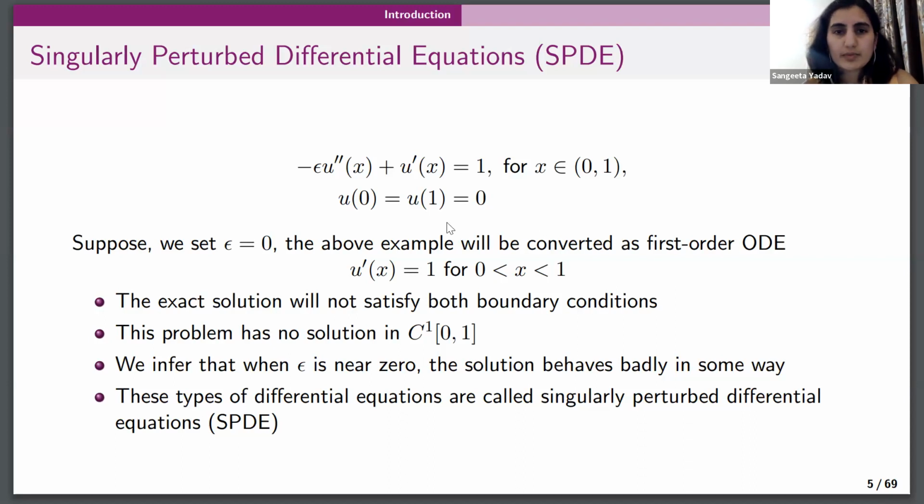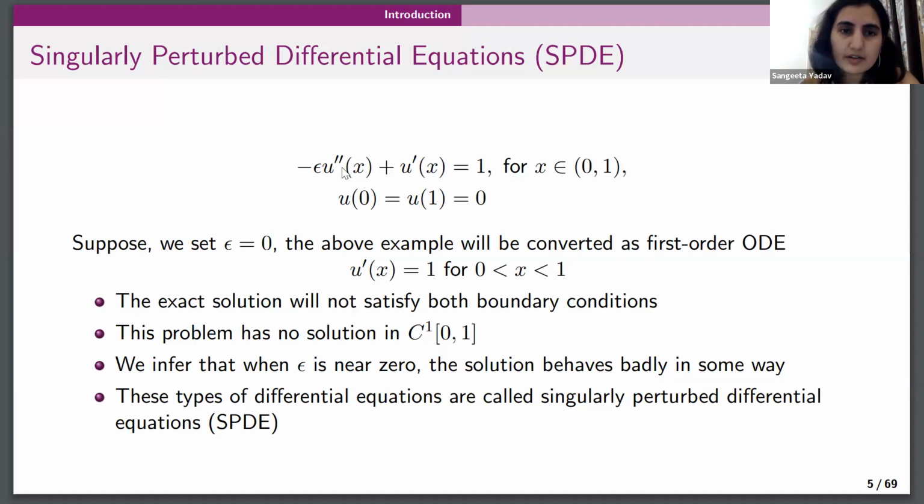For a model problem, herein we can see it is a second order equation in a one-dimensional domain from 0 to 1, and the value of u on the boundary at 0 and 1 is equal to 0. Let's say for this equation, if I set epsilon, the diffusion coefficient, equal to 0, then what will happen?